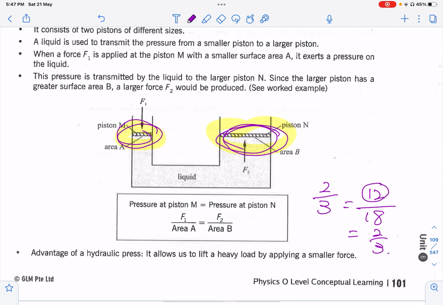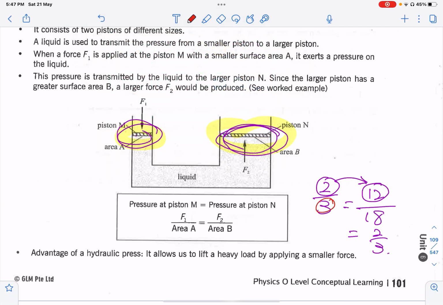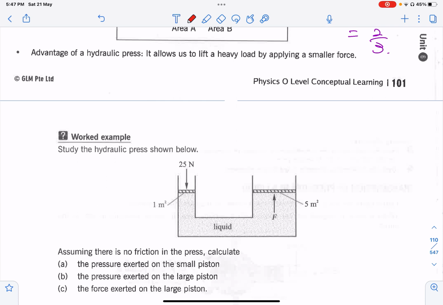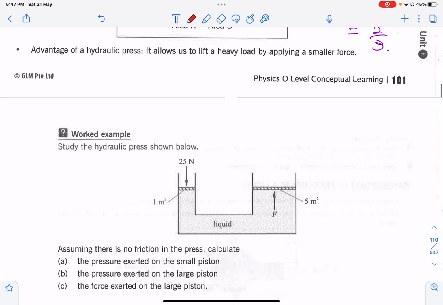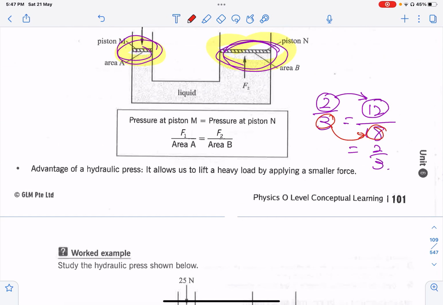So even though the physical numbers increase, the overall calculation of pressure is the same because it's just a ratio. The advantage of using a hydraulic press is it allows us to lift a heavy object by applying a smaller force. So this principle is important right here.